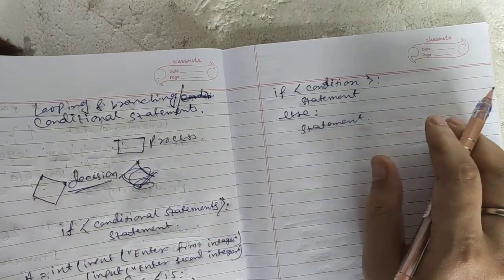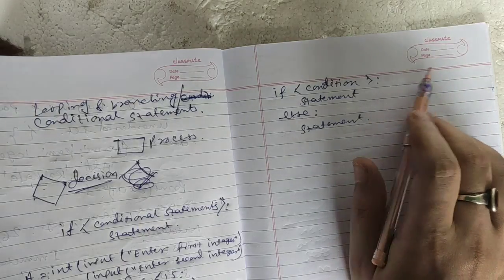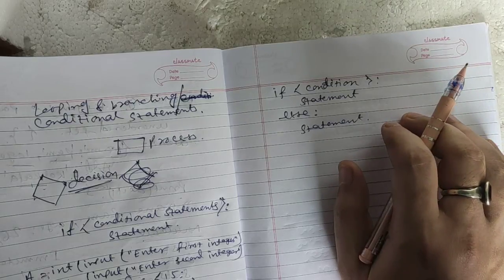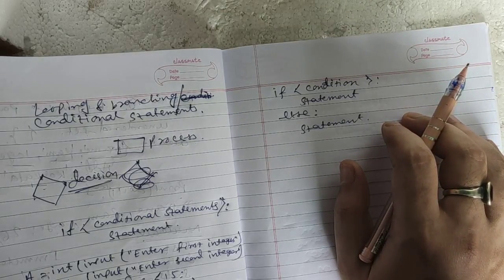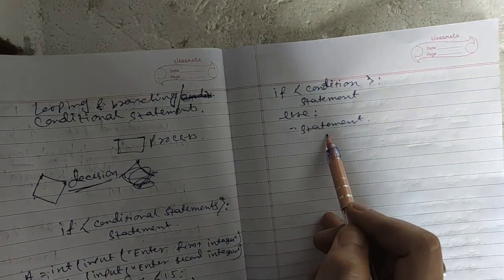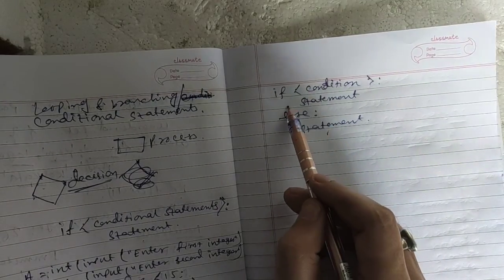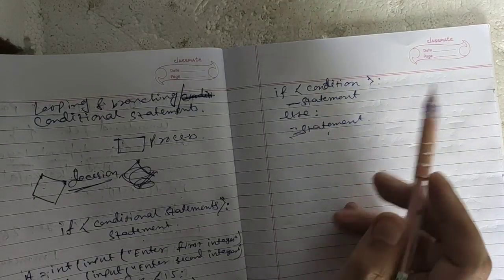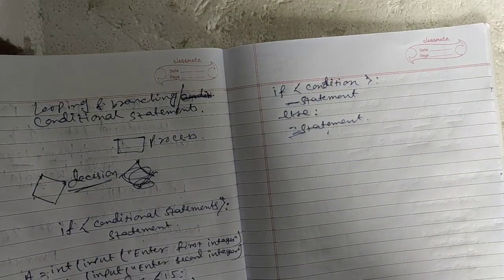That means the block below if gets executed if the condition evaluates true, and the block below else gets executed if the condition evaluated in the if is false. When is else executed? When if is false, that time the else part is executed. When the if part is true, this statement is executed. When the if condition is false, that time this statement will be executed. So if else works in this way.